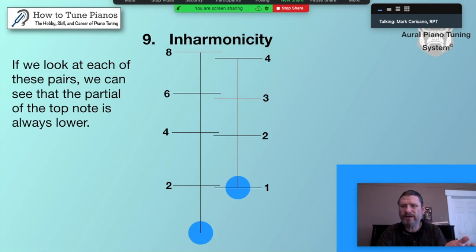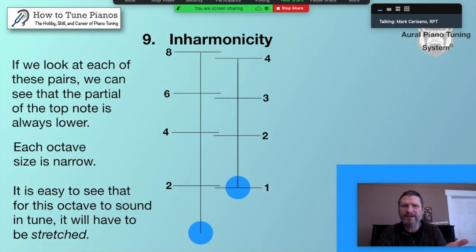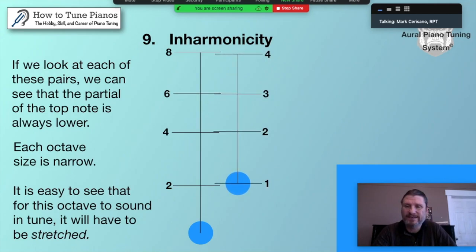So it's not too much of a jump to imagine that if we're going to have octaves that sound at all good, we're going to have to stretch them. So it's going to be stretched from what we would expect, just doubling the frequency. Something like this.